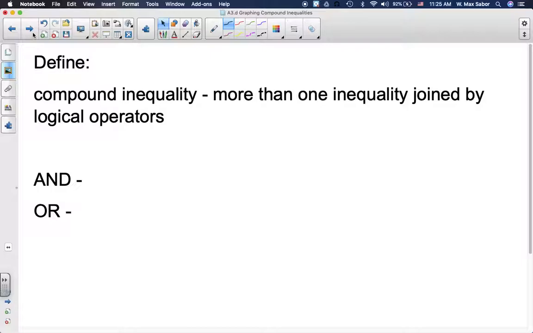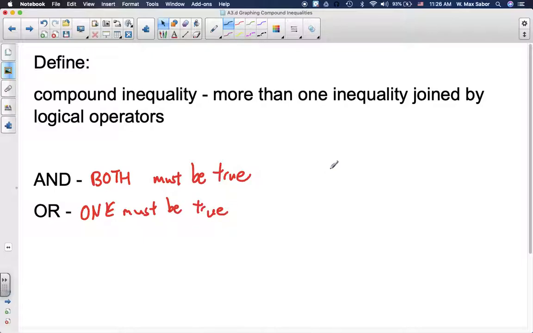So a compound inequality is more than one inequality joined by logical operators. AND is where both must be true. And OR, the mathematical meaning of OR is that one must be true.